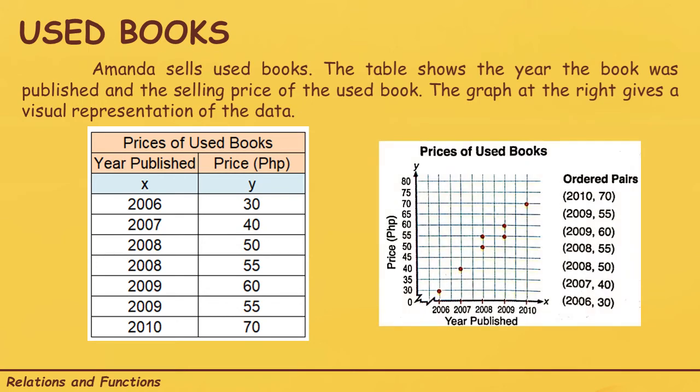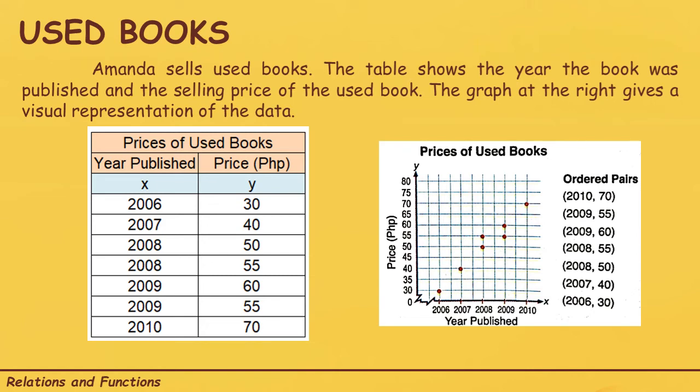Ito naman yung graph ng ating problem. So, prices of used books. Kung makikita natin, sa x-axis natin is the year published. We have 2006, 2007, 2008, 2009, and 2010. Y-axis naman natin, meron tayong price in peso. 30, 35, 40, 45, 50, so on and so forth.